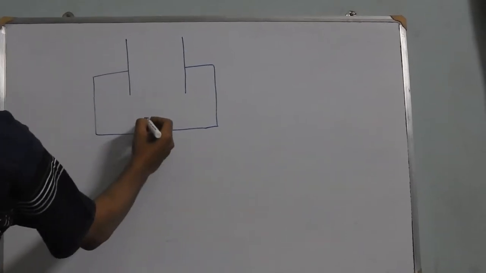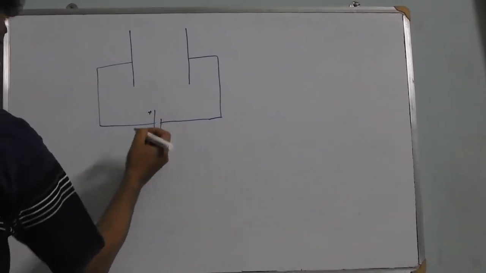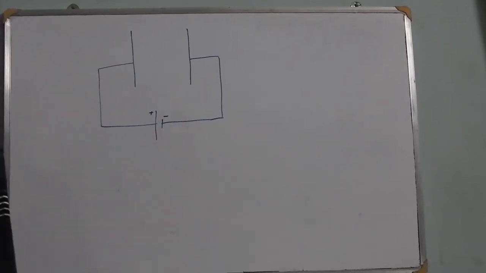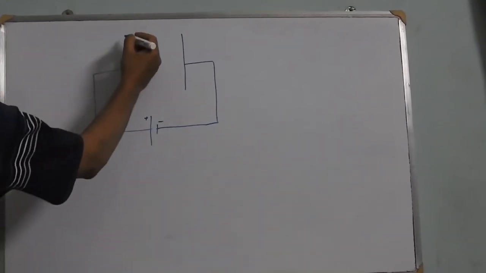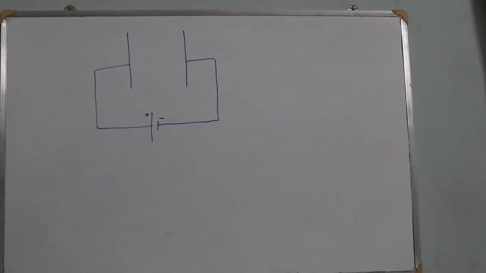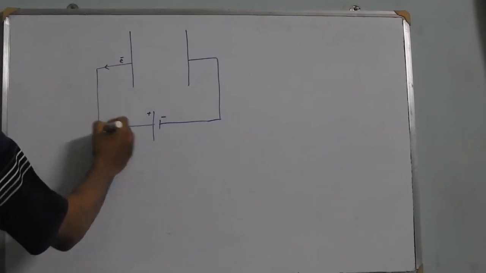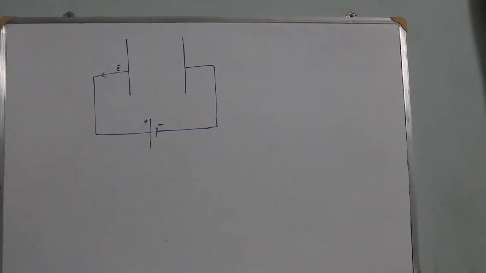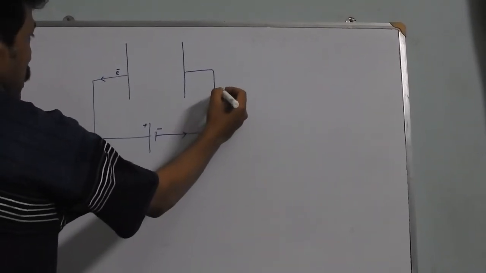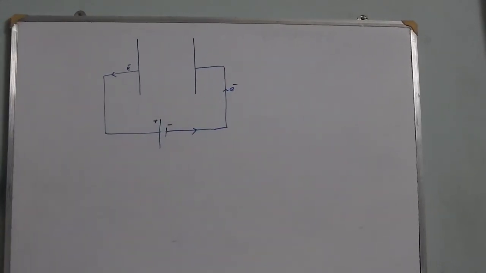So if this is the positive terminal of the battery and this is the negative terminal of the battery, then this plate, which is a conducting plate, will consist of a large number of free electrons, and the free electrons will be automatically dragged towards the positive terminal, and the battery will pump those electrons to the negative plate of the capacitor.